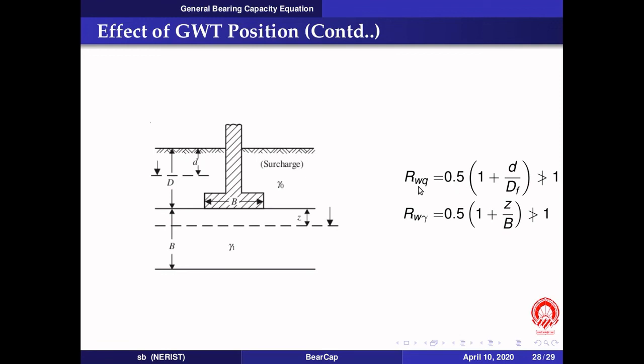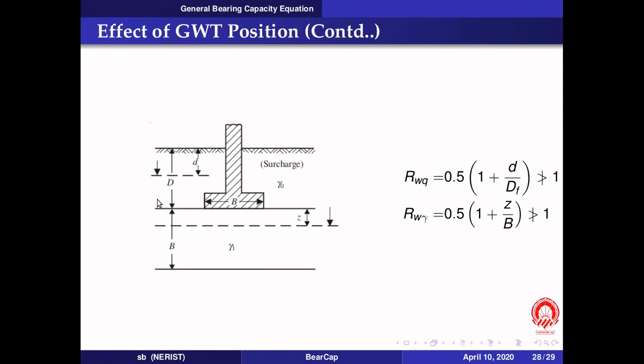We assume that the water table cannot affect the bearing capacity if it lies at a depth of Df plus B below the base of the footing, because the density is going to be the bulk density in that case, not the submerged density. And when everything is affected, then we assume it is going to be 0.5.